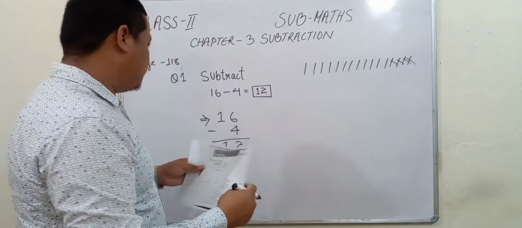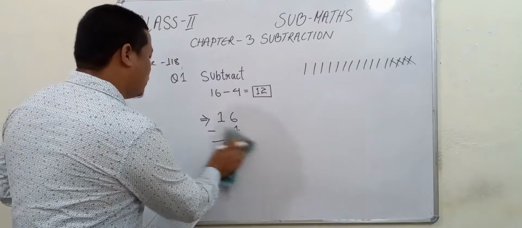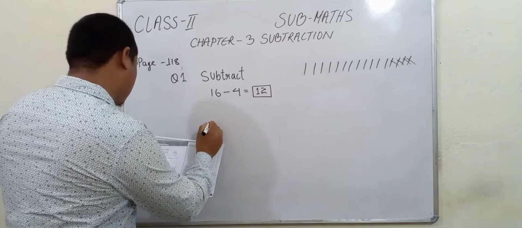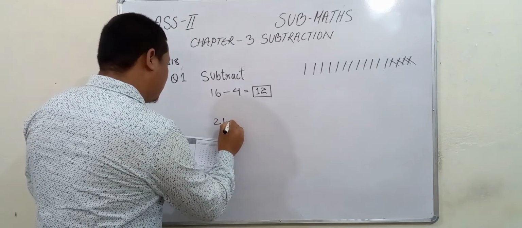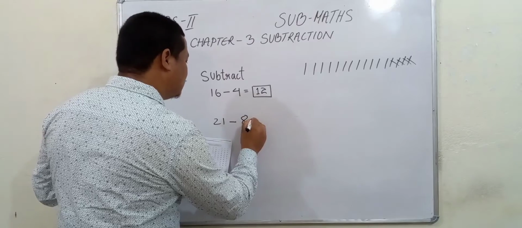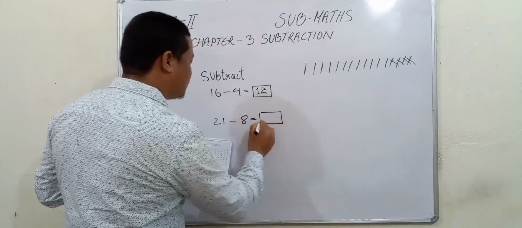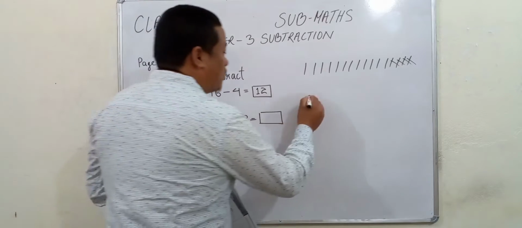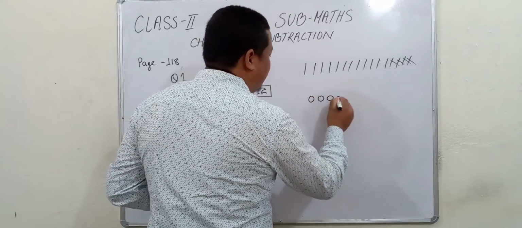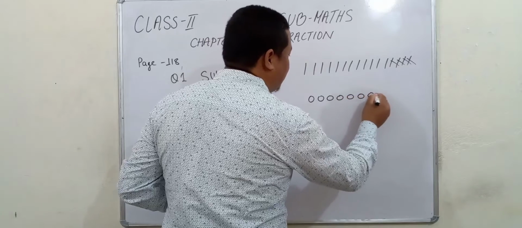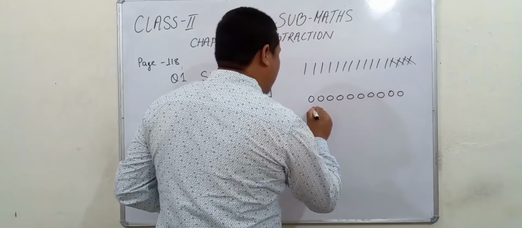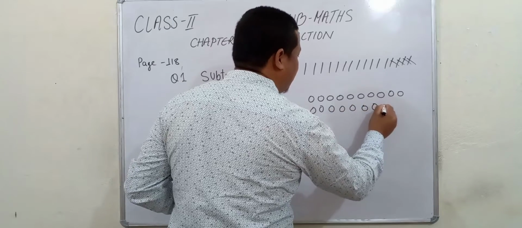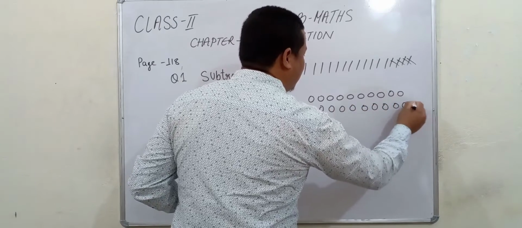So one more question. 21 minus 8 equal to how much? Okay, 21 minus 8. 1, 2, 3, 4, 5, 6, 7, 8, 9, 10, 11, 12, 13, 14, 15, 16, 17, 18, 19, 20, 21.